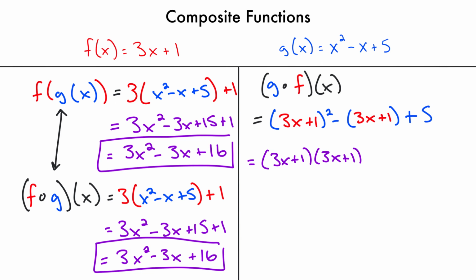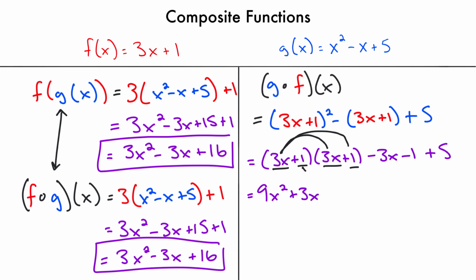You're going to have to FOIL that. That negative is going to be distributed to the 3x and the positive 1, leaving me with negative 3x minus 1. Now let's FOIL that binomial. We have a binomial times a binomial. It'll be the first term times the first term. 3x times 3x is 9x squared. 3x times the second term of 1 is going to be plus 3x.